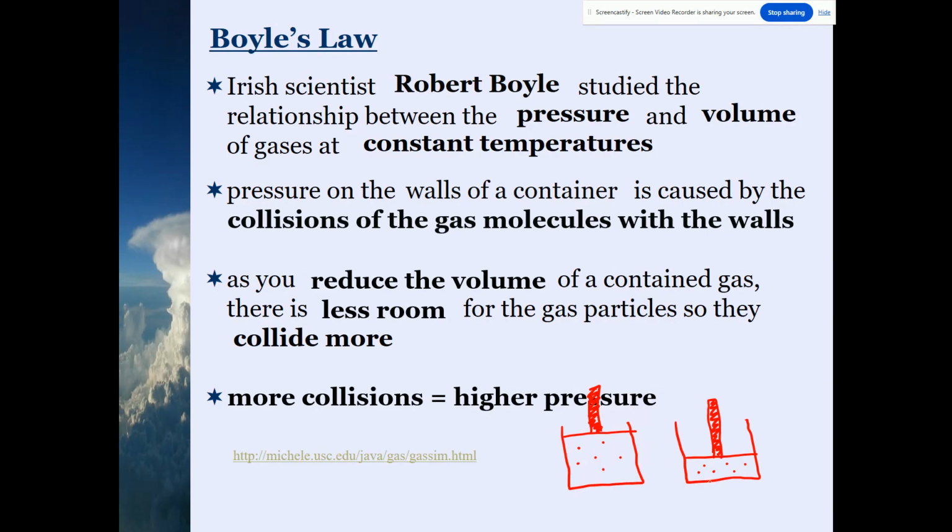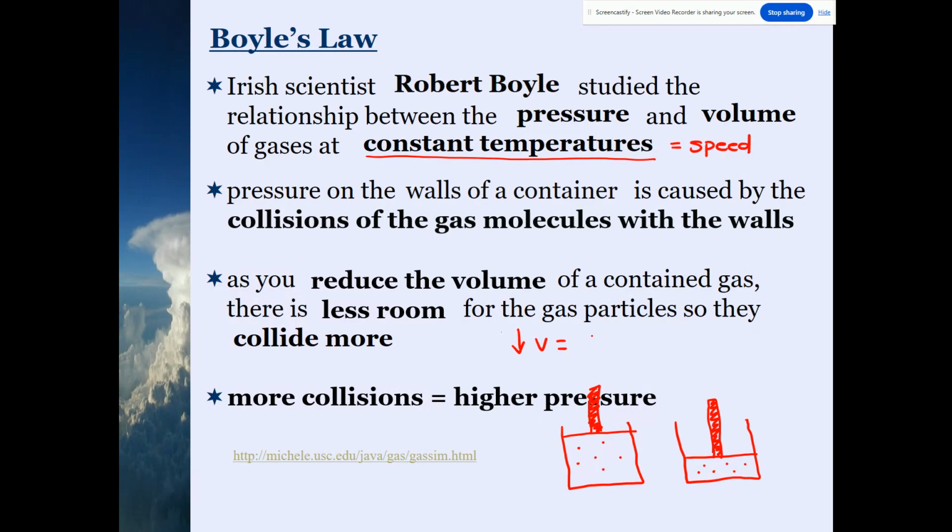When they're closer together, they're going to be moving with the same speed, notice, because they're at a constant temperature. Temperature is the speed or the kinetic energy of the particles. So they're going to be moving at the same temperature or the same speed, but they're going to collide with each other and the container more often because they're closer to each other and closer to the walls of the container.